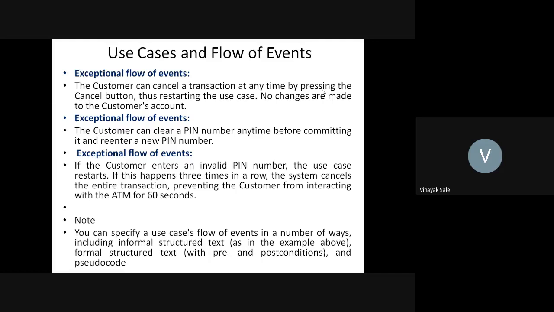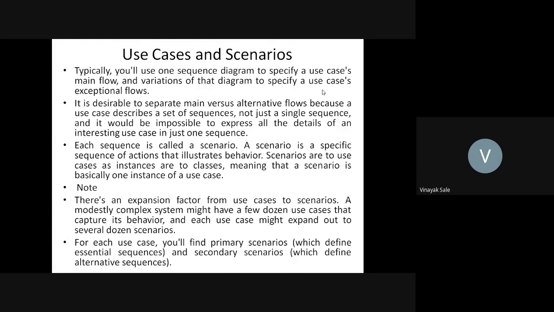So you can specify the use case's flow of events in a number of ways, including informal structured text, such as the example above, formal structured text with pre and post conditions, and pseudocode. Typically, you will use one sequence diagram to specify a use case's main flow, and variants of the diagram to specify the use case's exceptional flow.